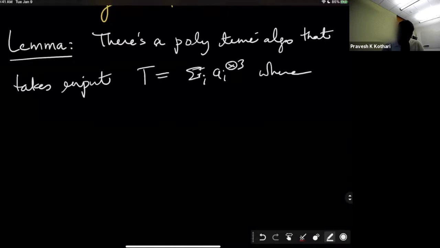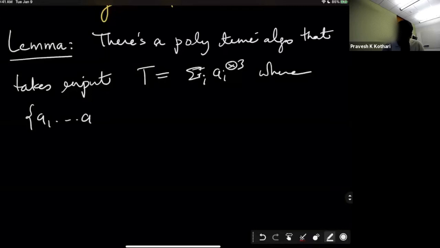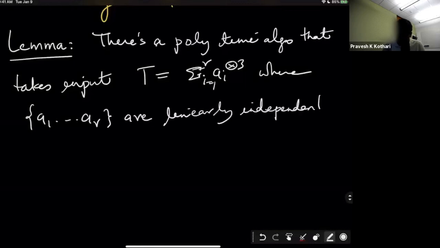Where the only thing I know is that a_1 up to a_R are linearly independent. So I don't quite know they're orthonormal. I just know that they are linearly independent.